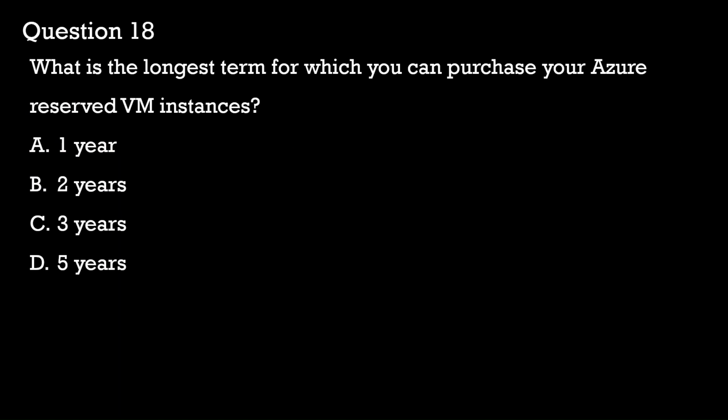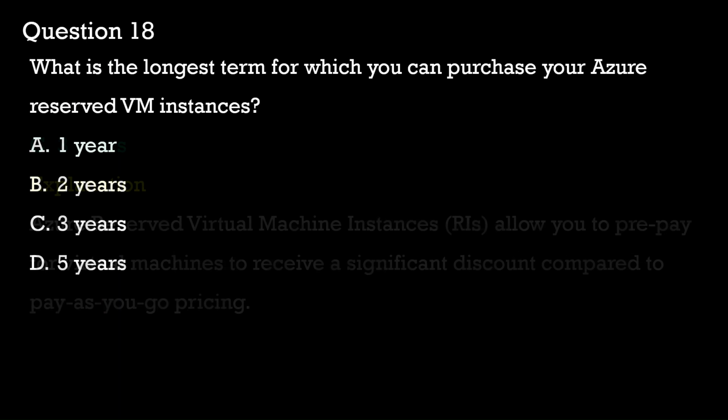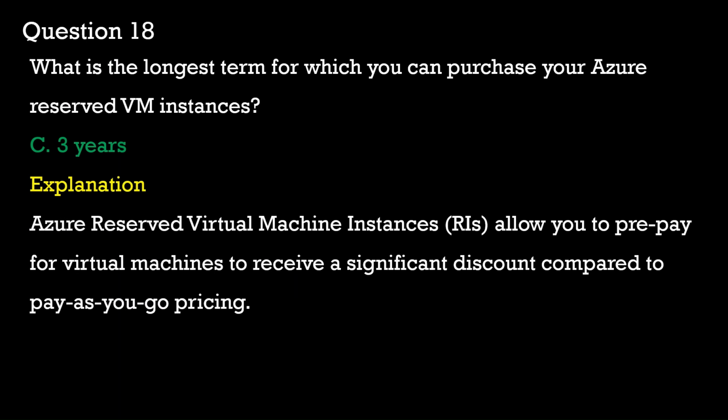Question 18. What is the longest term for which you can purchase your Azure reserved virtual machine instance? A, 1 year, B, 2 years, C, 3 years, D, 5 years. The answer here would be option C. Azure Reserved Virtual Machine Instances allow you to prepay for virtual machines to receive a significant discount compared to pay-as-you-go pricing.